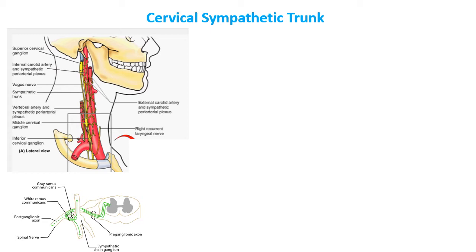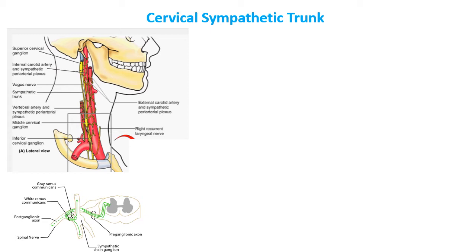Right, now let's start with the cervical sympathetic trunk. The cervical sympathetic trunk, we've done the location, is made up of 3 ganglia. This is the first difference from the thoracic part of the sympathetic trunk, which, if you remember, was made up of 11 to 12 ganglia. Each thoracic nerve had its own ganglion, near which white rami communicantes and grey rami communicantes were coming.